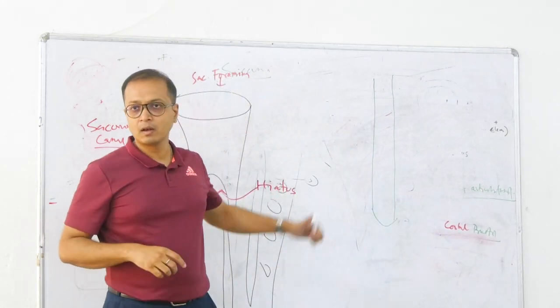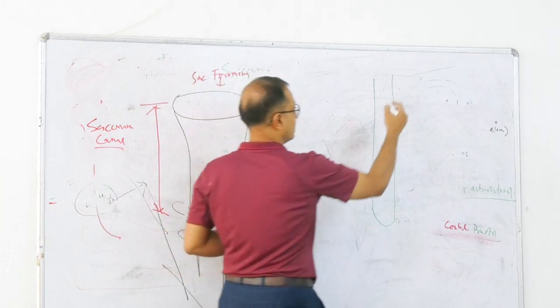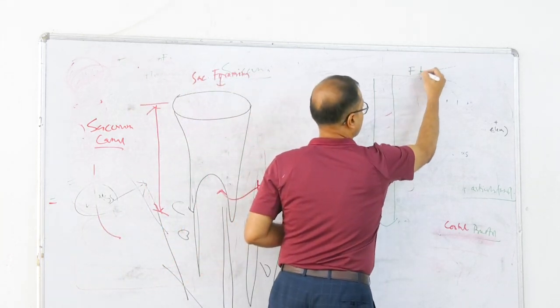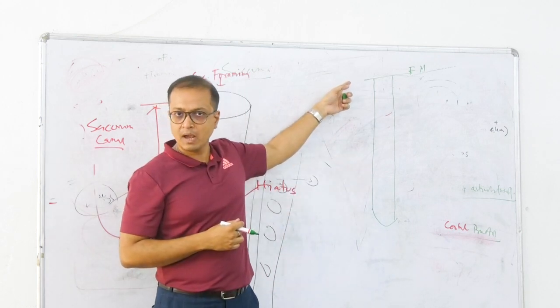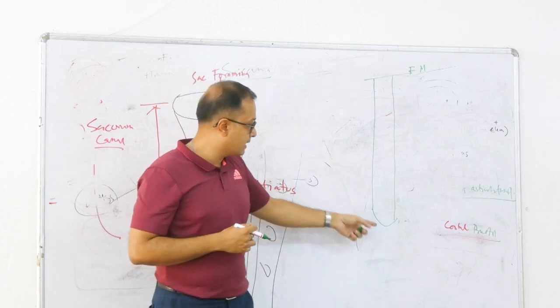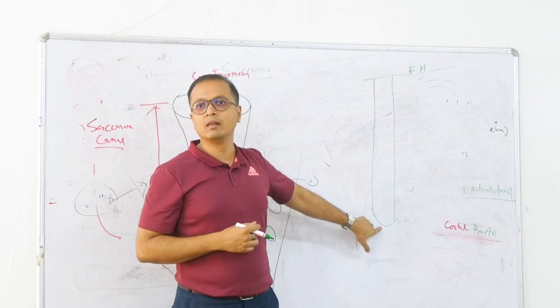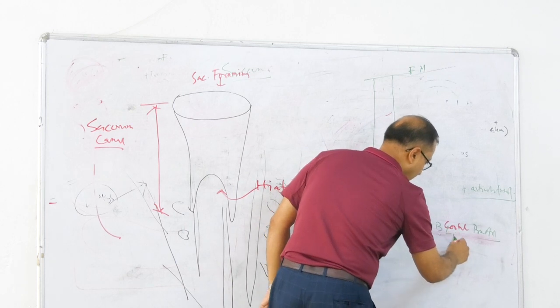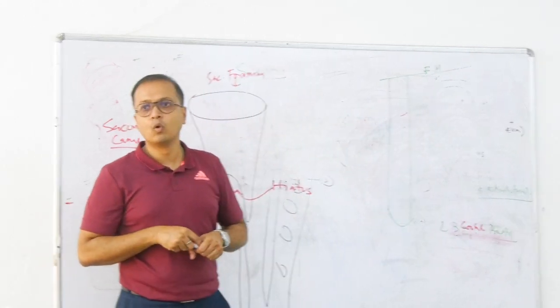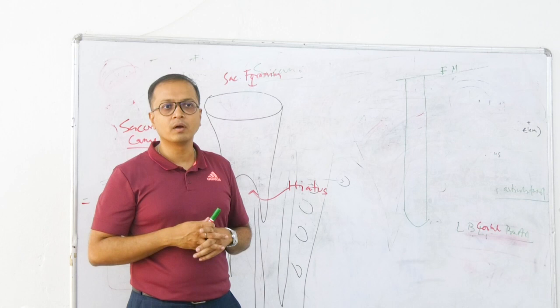Now, the spinal cord begins at the upper end, which is known as the foramen magnum. And in the case of the adult, it ends at the level of the lower quarter of the L1 vertebra.